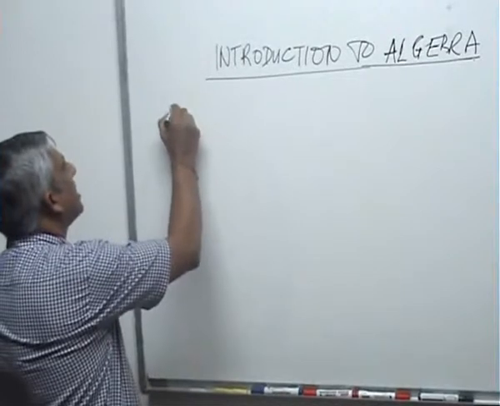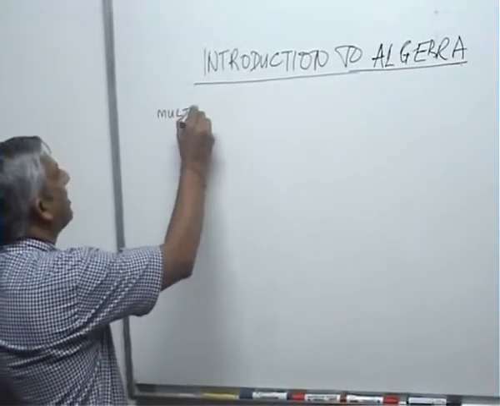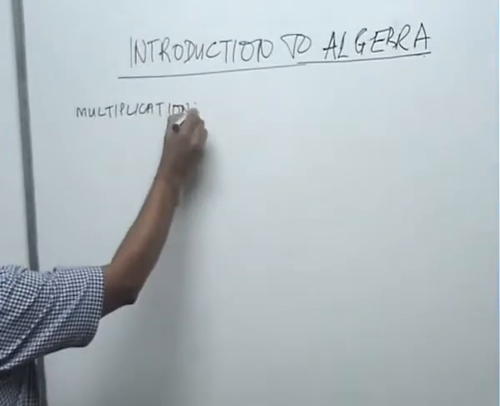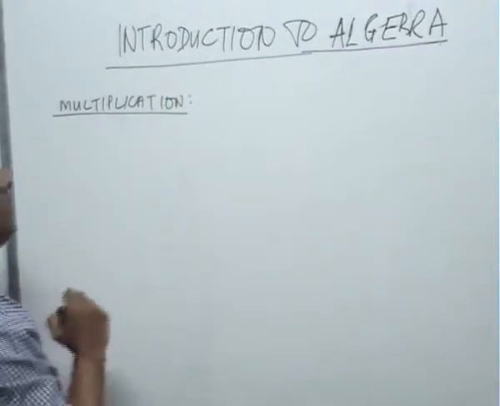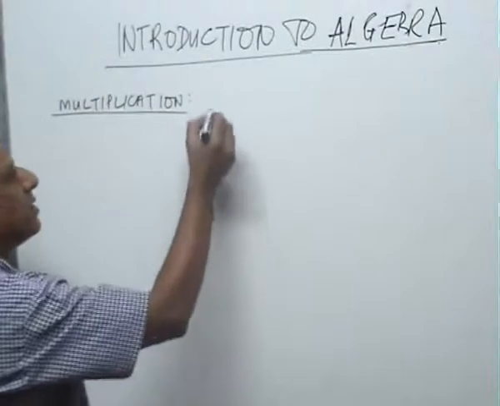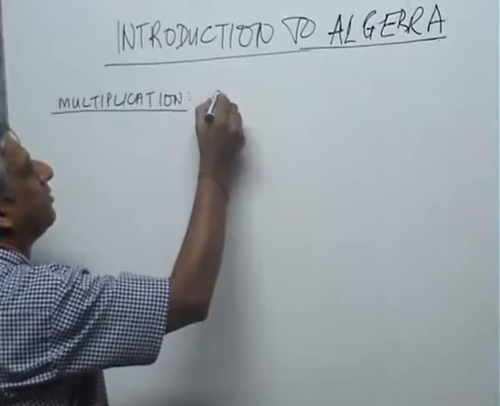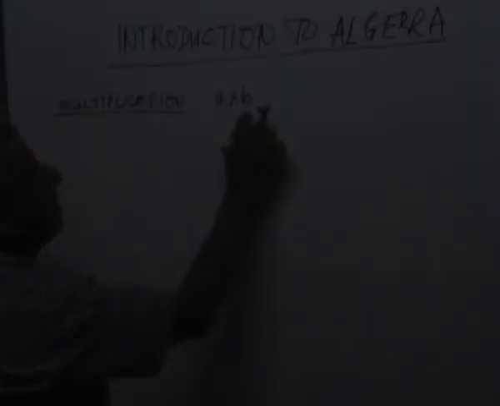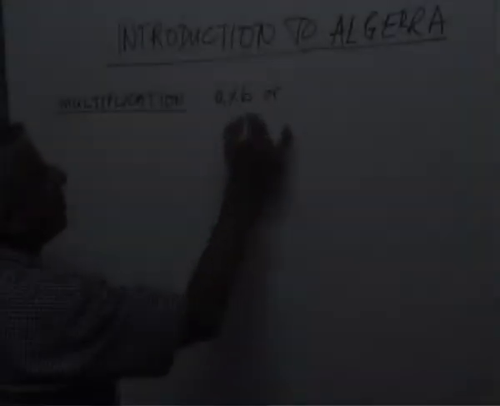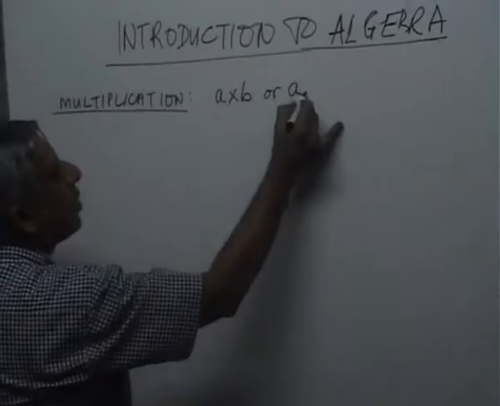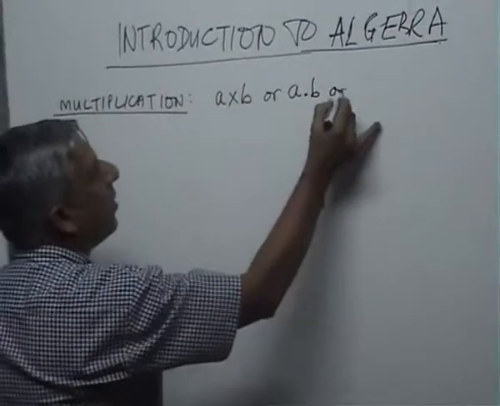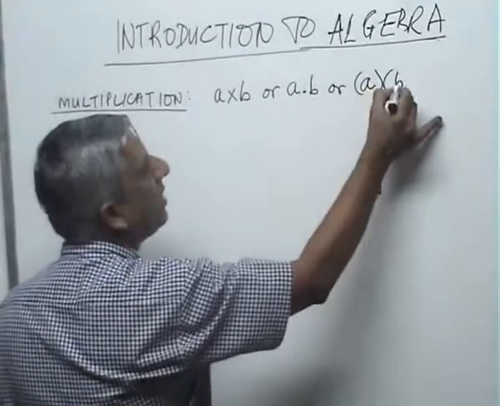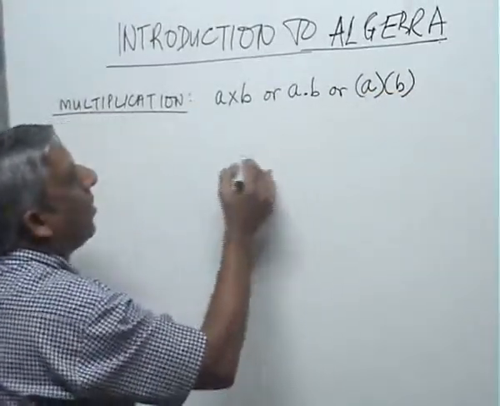Now let's look at multiplication and be clear in our mind about signs for multiplication. You see, there are many signs for multiplication. We are familiar with, for example, A times B. Well, that means A times B. But this can also be written as A dot B. Or it can also be written as A in bracket and B in bracket.